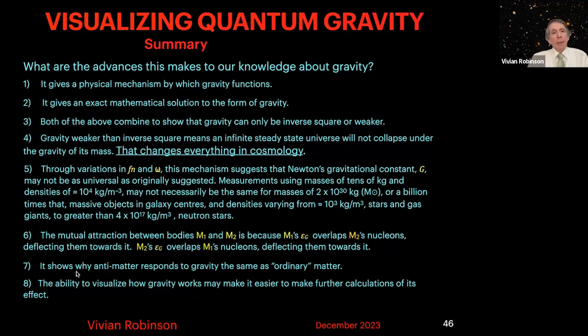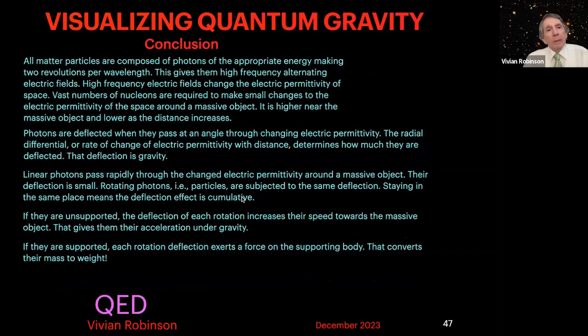It shows why antimatter responds to gravity the same as ordinary matter. And it suggested the ability to visualize how gravity works may make it easier for further calculations of its effect. So I'd just like to make a few concluding remarks to make it easier to visualize quantum gravity.